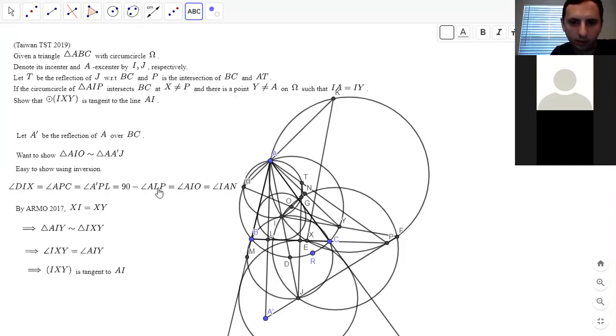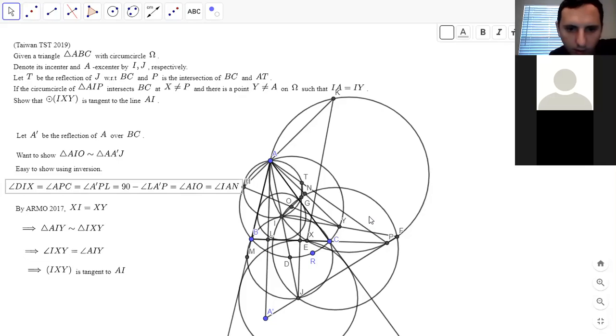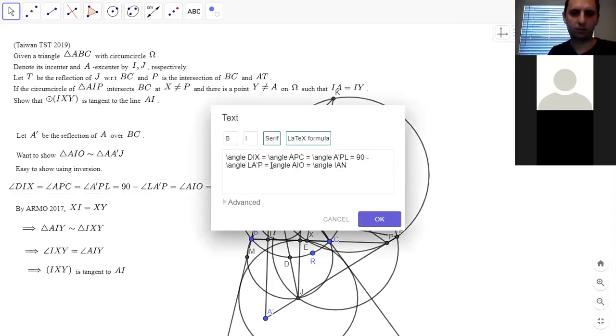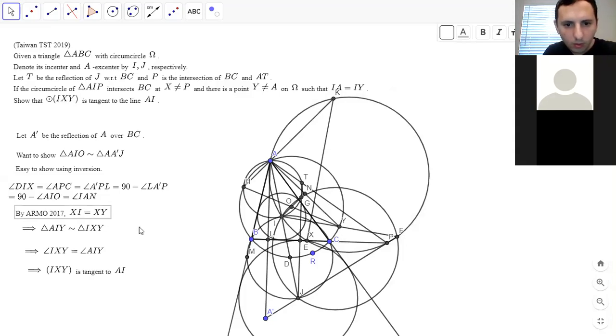Wait, so this is ALP. So 90 minus A prime PL is, I think, LA prime P. LA prime P. And then that's 90 minus AIO, which is IAN.